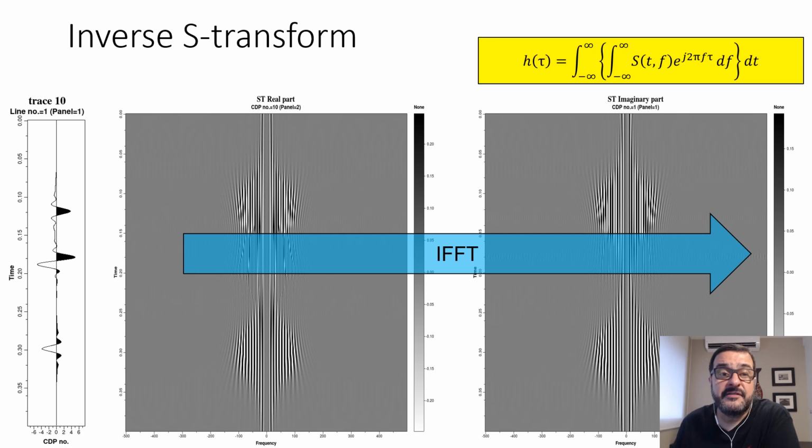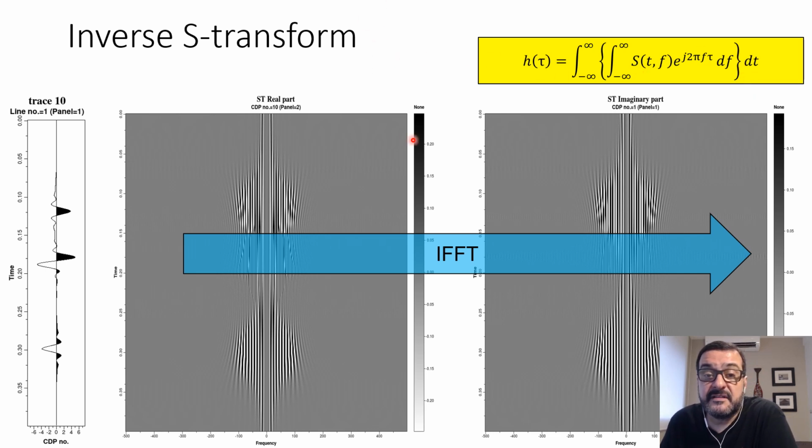If we rewrite the inverse S transform equation this way, now the inner braces represent the inverse Fourier transform of each time or depth S transform coefficients, actually of each line of the S transform matrix. The outer integration is simply stacking of the previously evaluated matrix along the time direction.